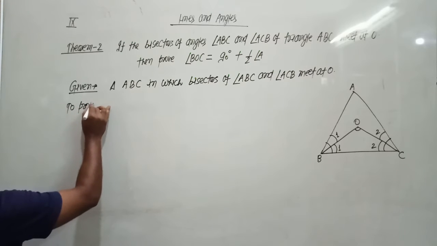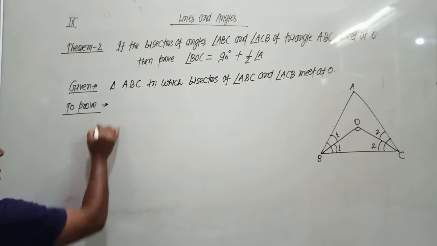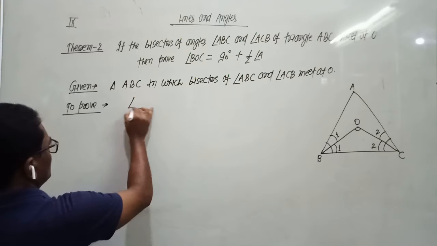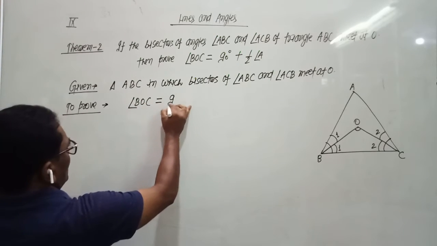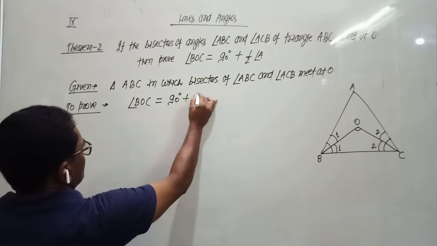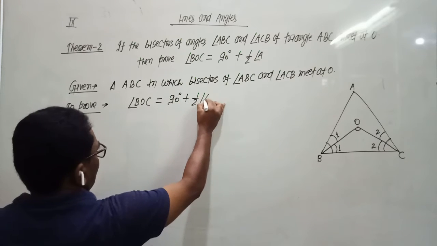To prove: angle BOC equals 90 degrees plus half angle A.